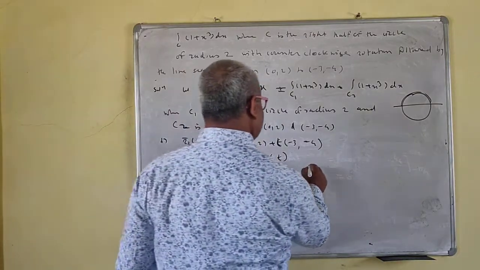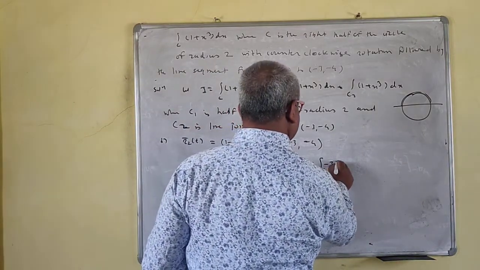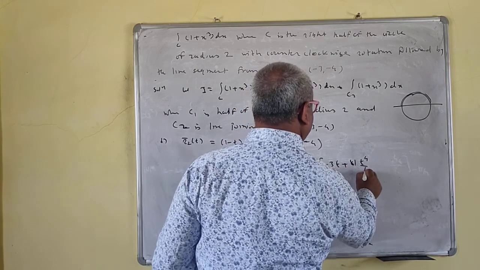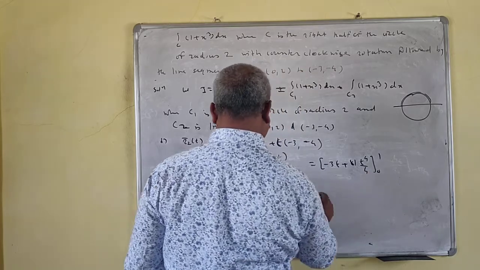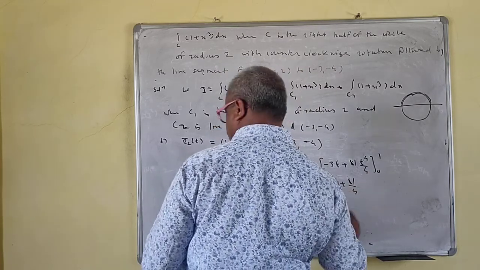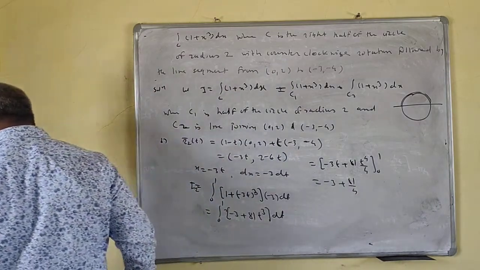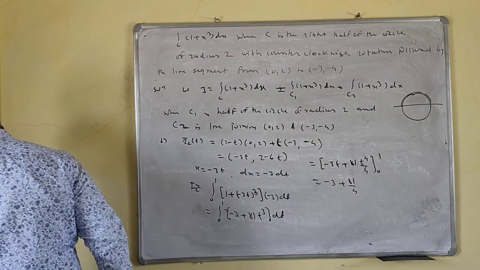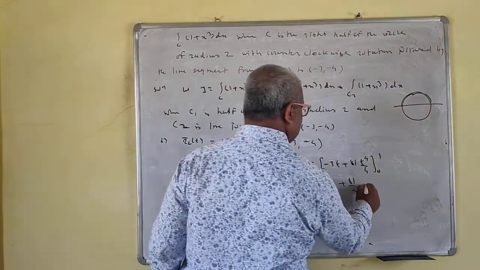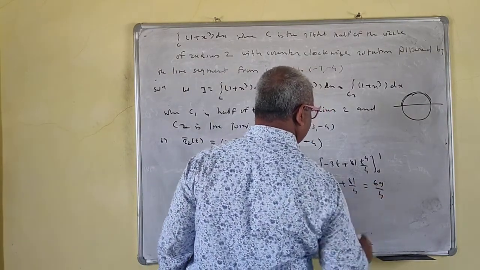Now this will be minus 3t plus 81 t raised to 4 upon 4, from 0 to 1. So minus 3 plus 81 by 4. This is 69 by 4.